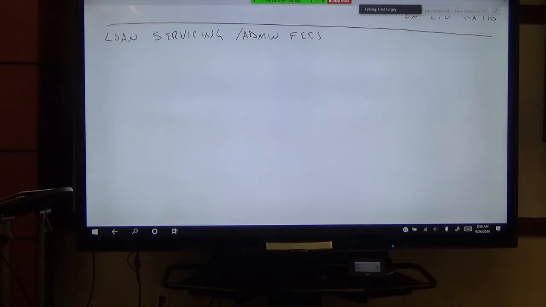Now, it does cost money to have people sitting in an office somewhere, literally going to a P.O. box, opening it up, getting out a bunch of paper checks, opening those checks, typing in the dollar amounts, posting those to the proper account, ensuring that everything is deposited properly, producing reports for investors, and so forth. So there's a cost associated with that.